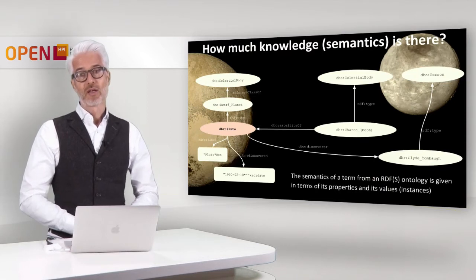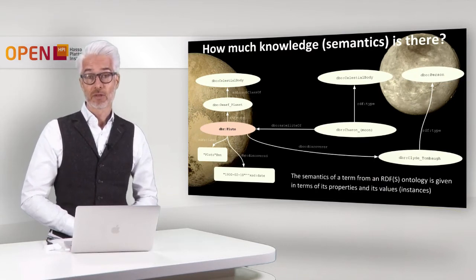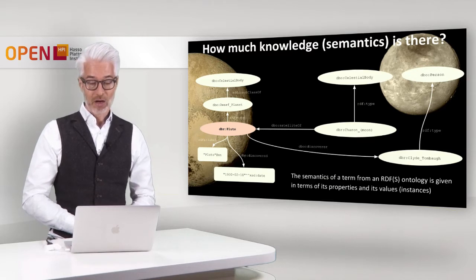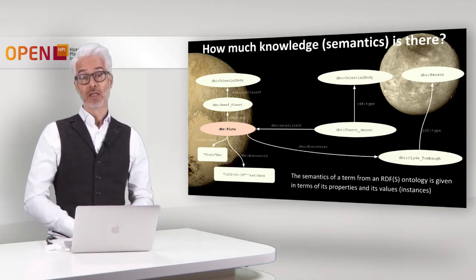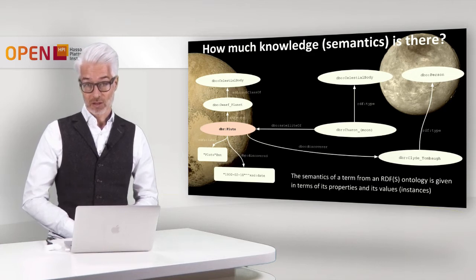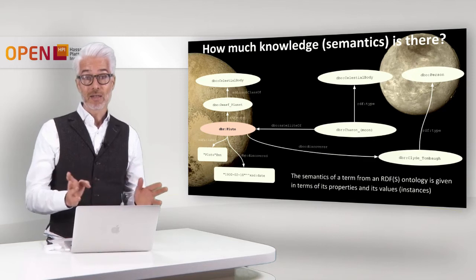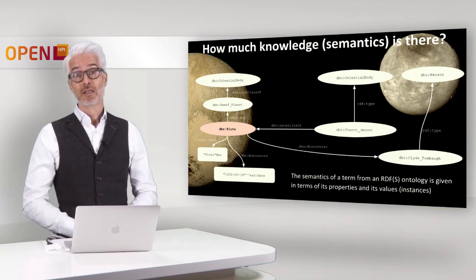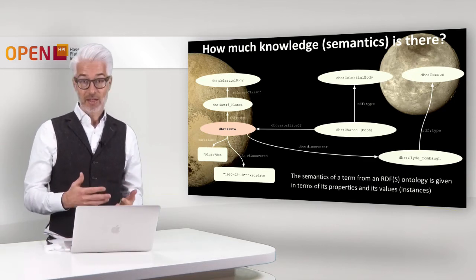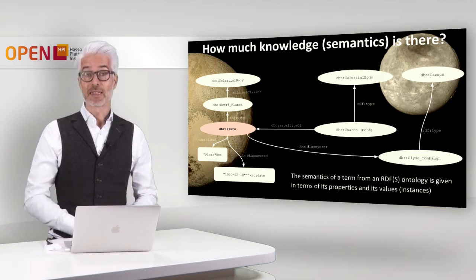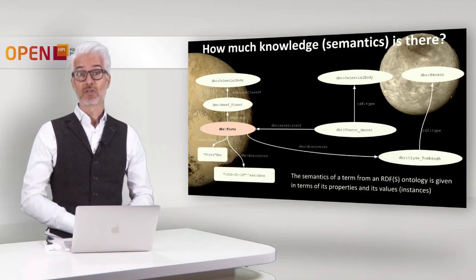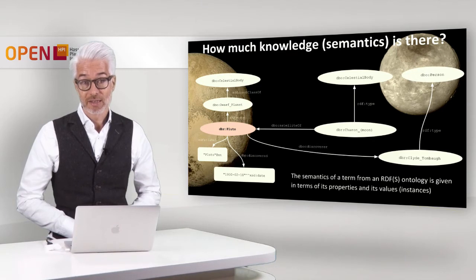To begin with, we again have to pose ourselves the question, where does the semantics come from? How much knowledge is there in an RDFS representation that you see here? So we already know that the names that we use as URIs usually carry human readable information, but of course the machine doesn't see that.